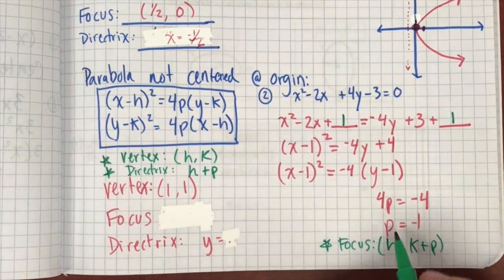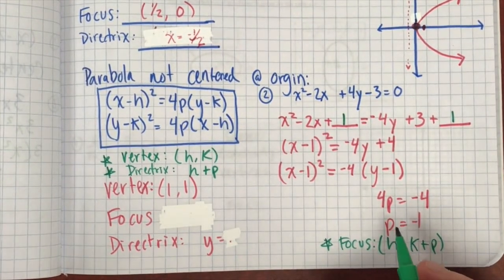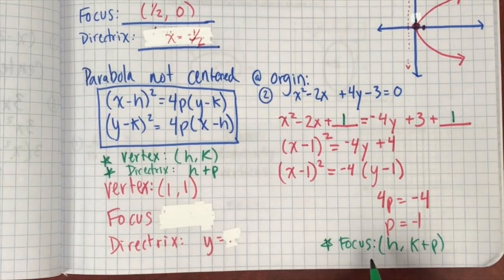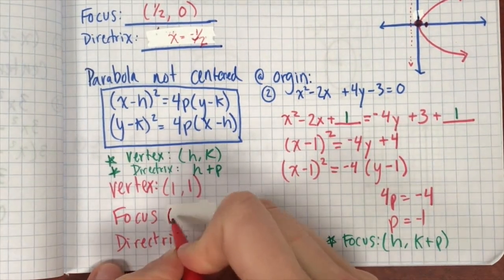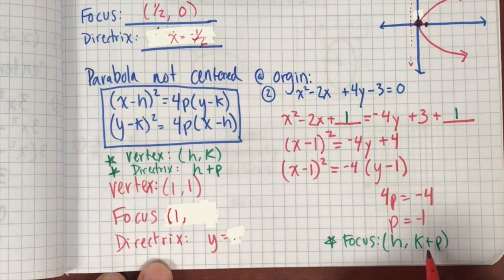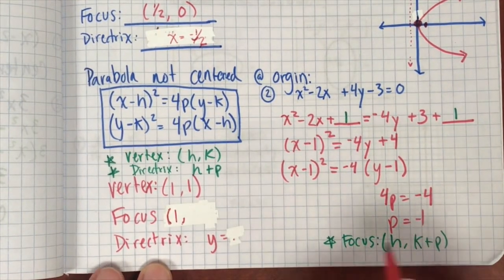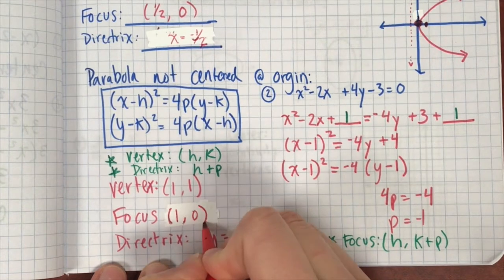Now that we've found our p-value, we can find our focus. So it's going to be our h value, comma, k plus p. So our h value is 1, and k plus p would be 0.